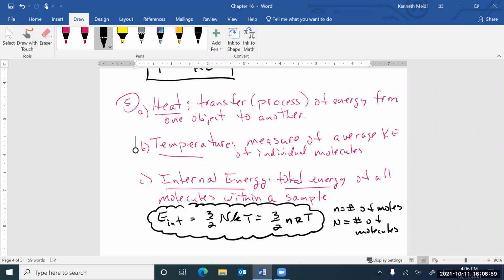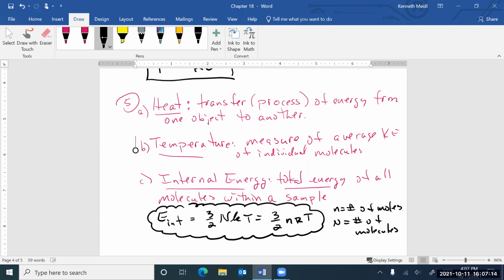And say it's at room temperature. So let's say that the temperature that you're dealing with here is room temperature, something close to 20 degrees. How fast are those particles going? This is something that we can do right now.